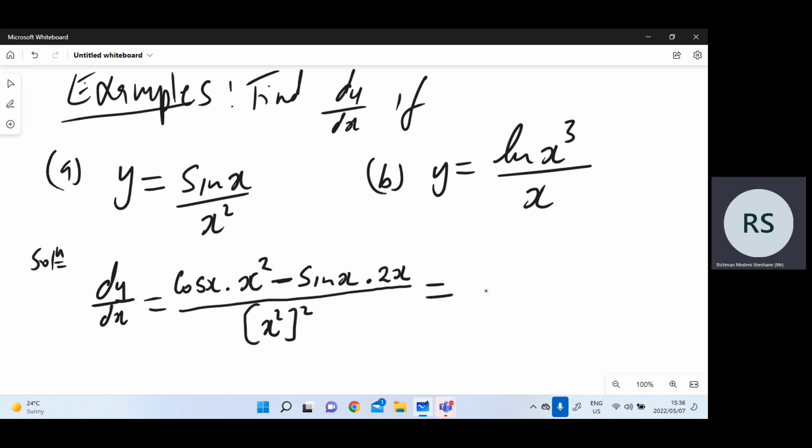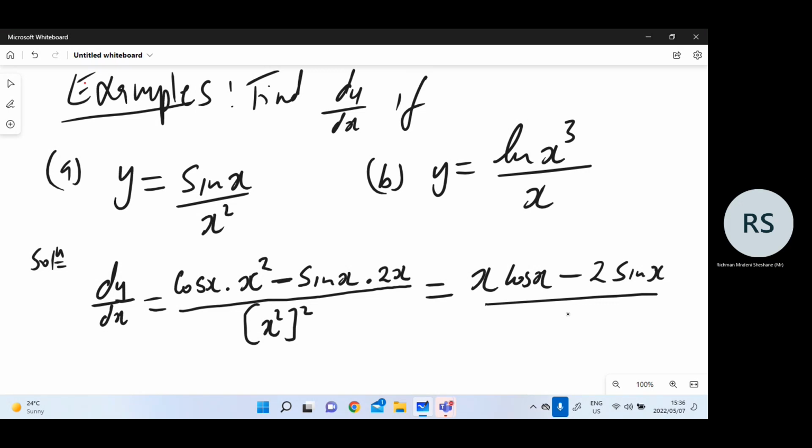The final answer here is just, okay, here you can take the common factor, which is x, and then cancel one x, so you'll see the final answer is just x cos x minus 2 sine x over x to the power of 3.